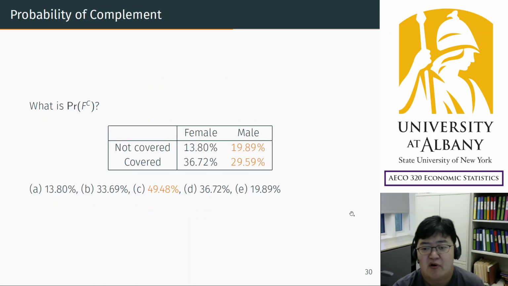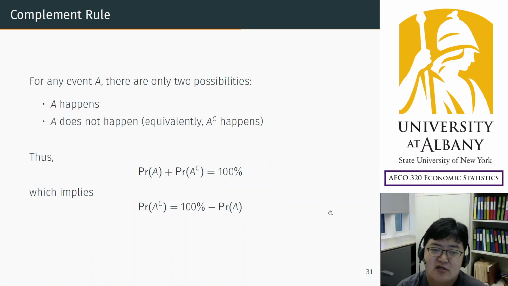So this is a fundamental approach, but there is a better, more useful way to calculate the complement probability. Suppose that you know event A. You have information about an event A, and then you can think of only 2 possible cases. One is that the event A happens, or A does not happen, which is A complement happens.